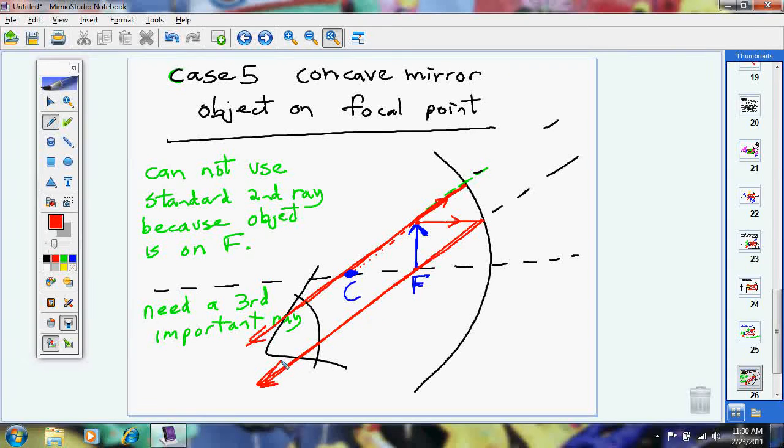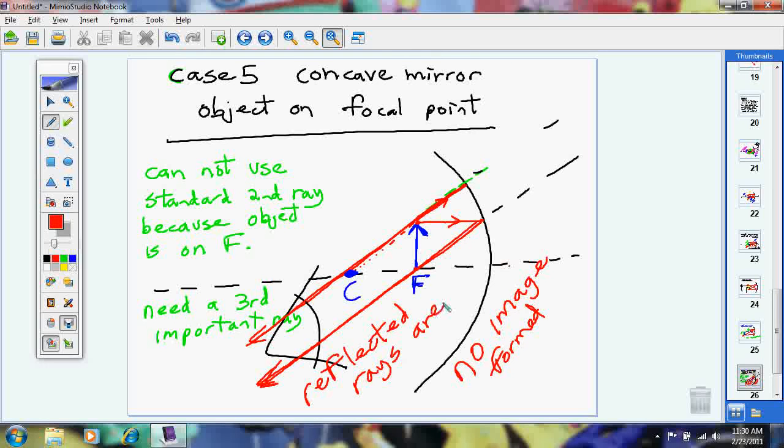So basically, no image formed. Reflected rays are parallel.